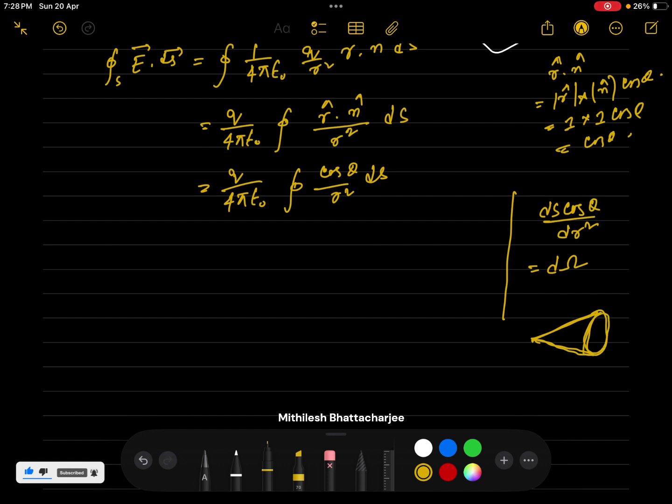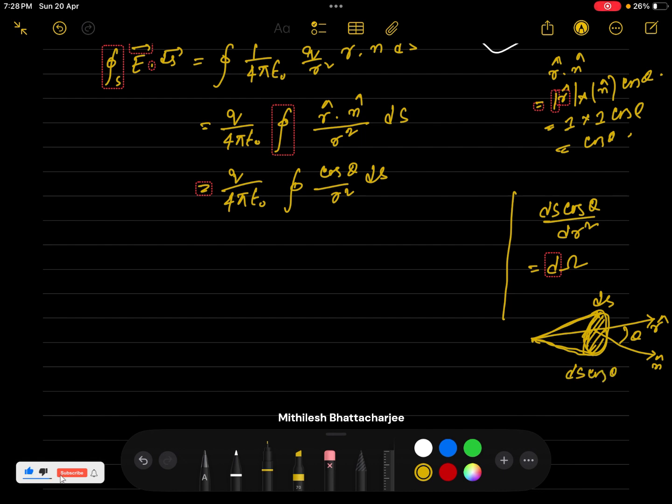This is the solid angle. And this is the r cap, this is the n cap, this is the theta, and the surface is this ds.